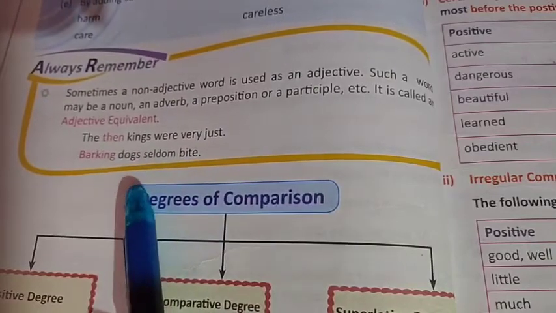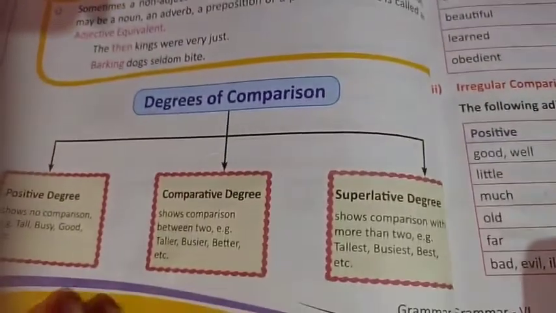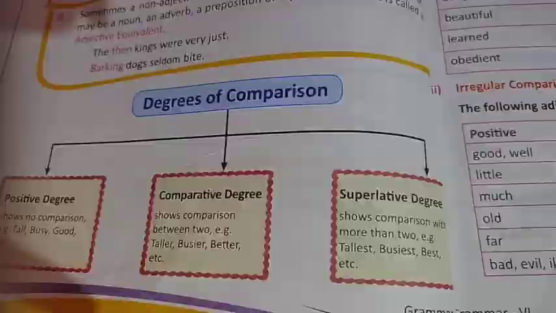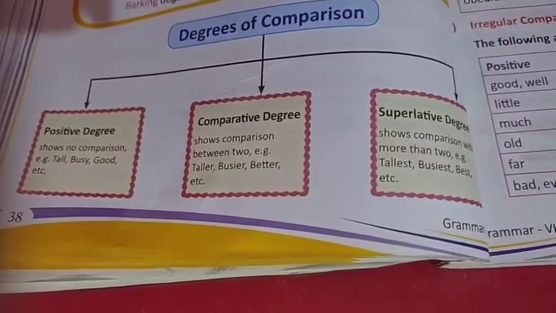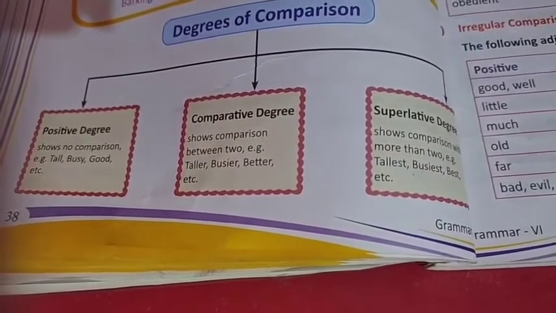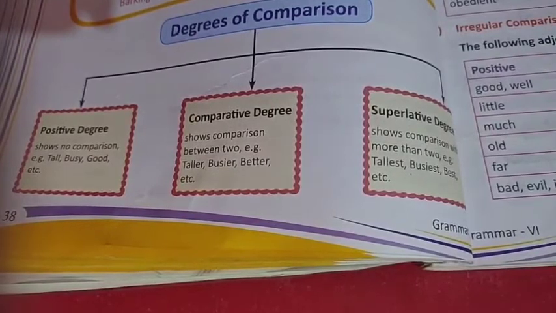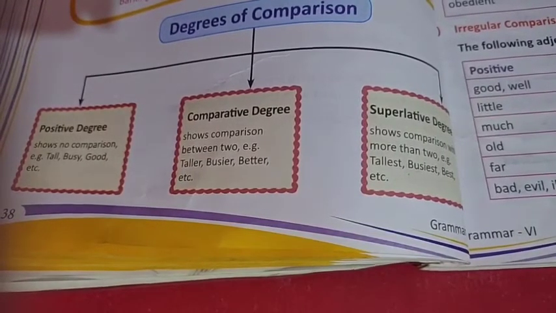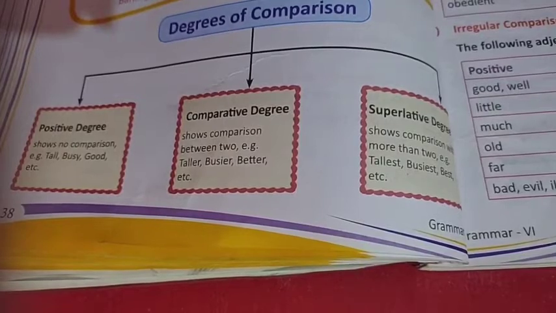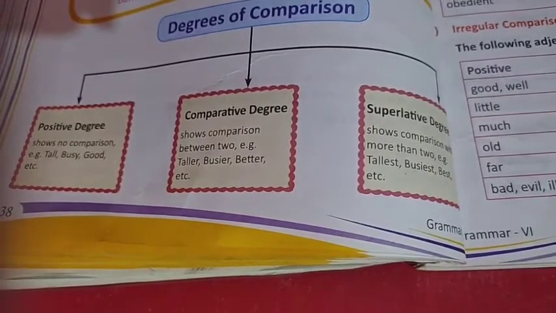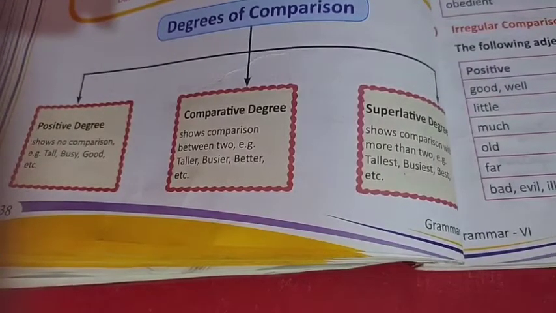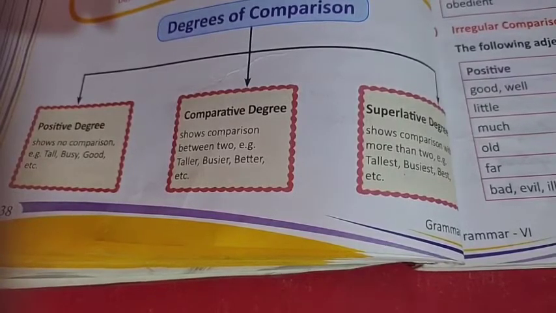Now we learn about degrees of comparison. So children, we have 3 degrees of comparison. First is positive degree. An adjective is in the positive degree if no comparison is made. An adjective is used in its base form to show the positive degree.